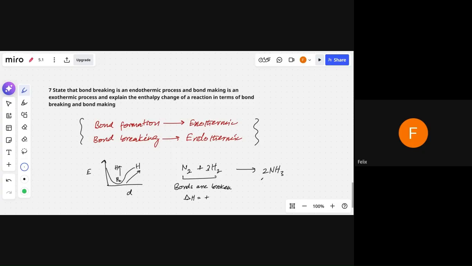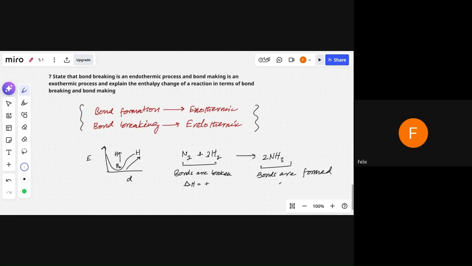So on the products side, bonds are formed, and the delta H will be negative, right? So now you can see that in all chemical reactions, bonds are broken and bonds are formed.